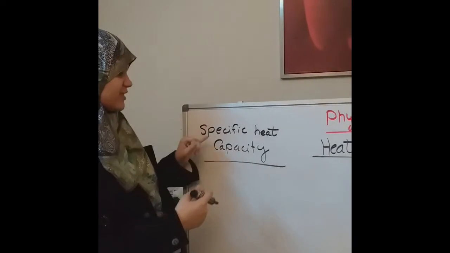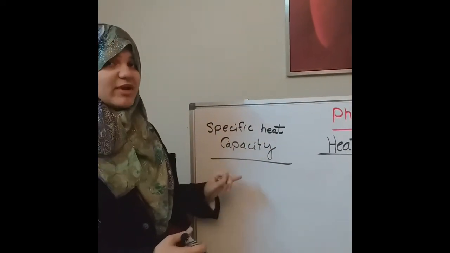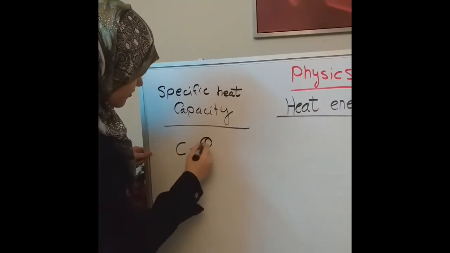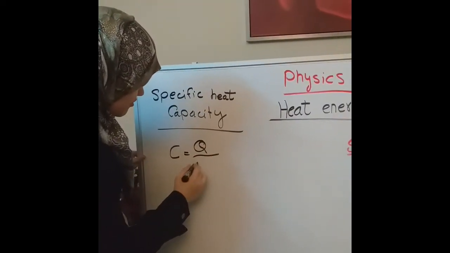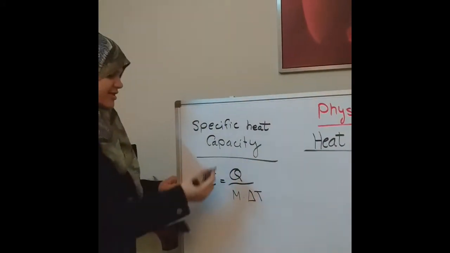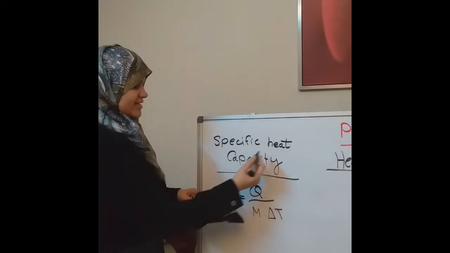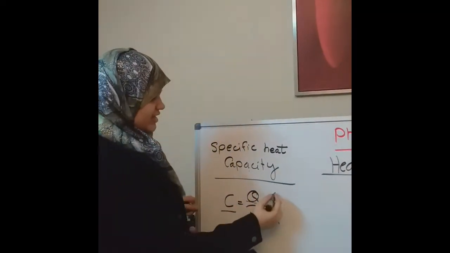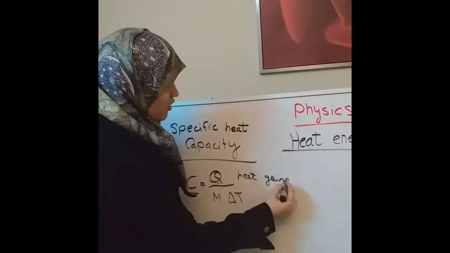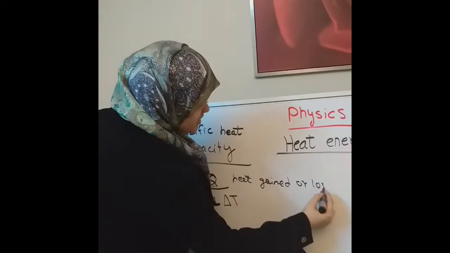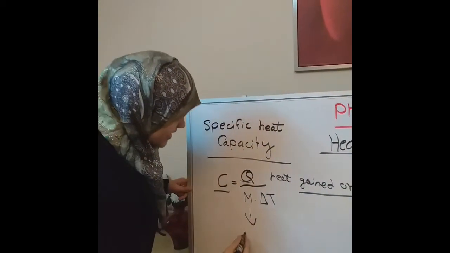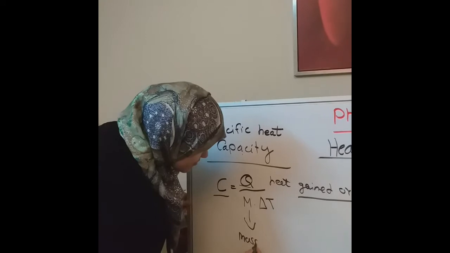And also specific heat capacity is expressed mathematically as C equal to Q over mass times the change of temperature. C here is the specific heat capacity, and Q is the heat which can be gained or lost. And m means the mass of the body.